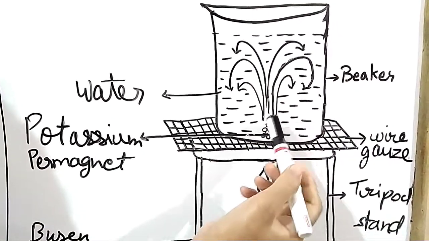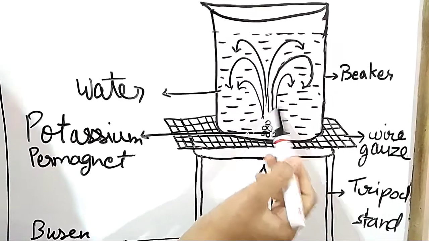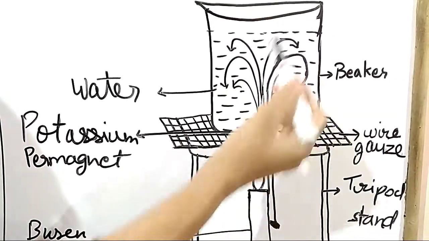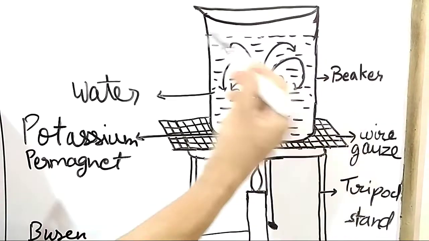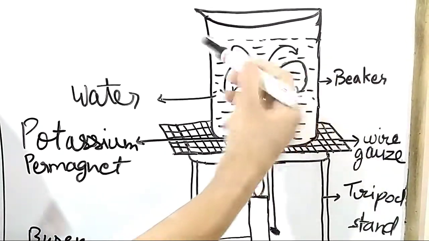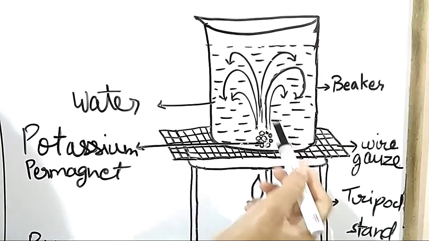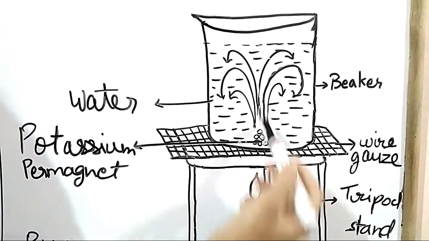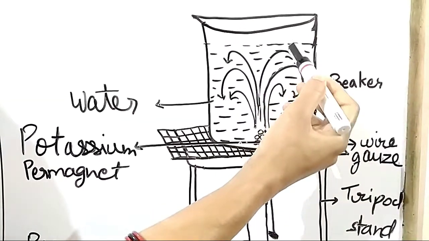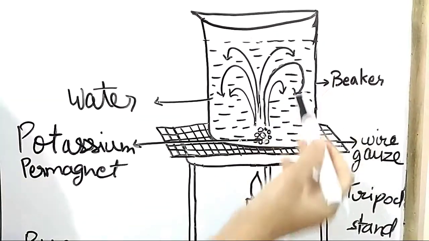You can see the molecules of the water are rising. At the surface of the water, molecules of the water are colder than here. So hot water molecules rise up and cold water molecules go down.